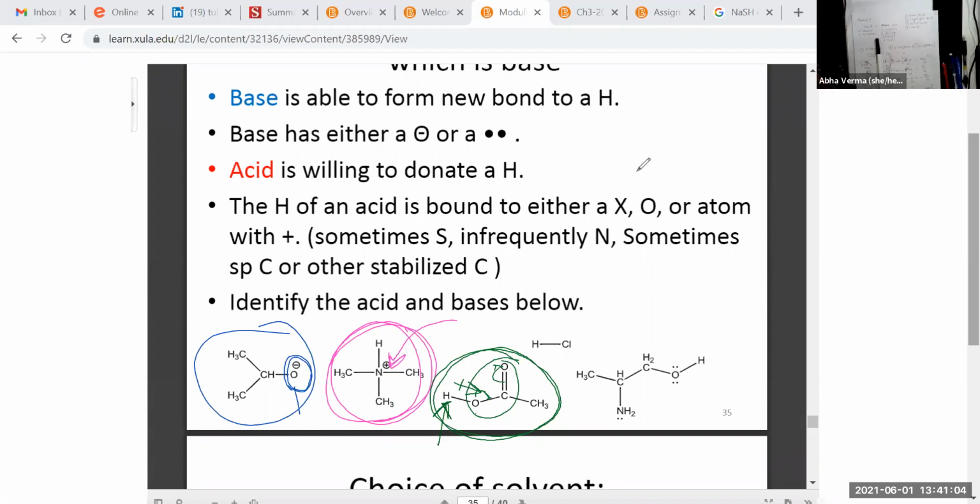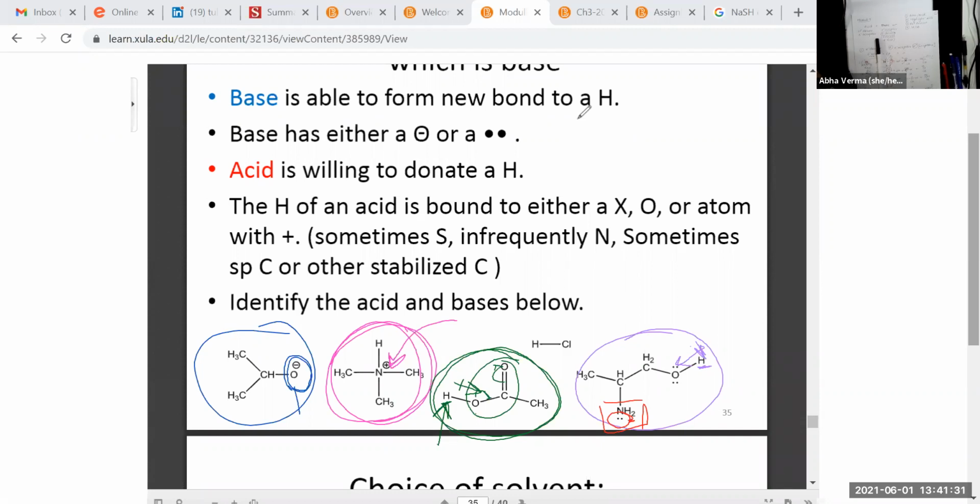Thank you, all of you. This molecule is acidic here because the oxygen is pulling the electrons from the hydrogen. However, look at the nitrogen and the donor ability of this nitrogen.